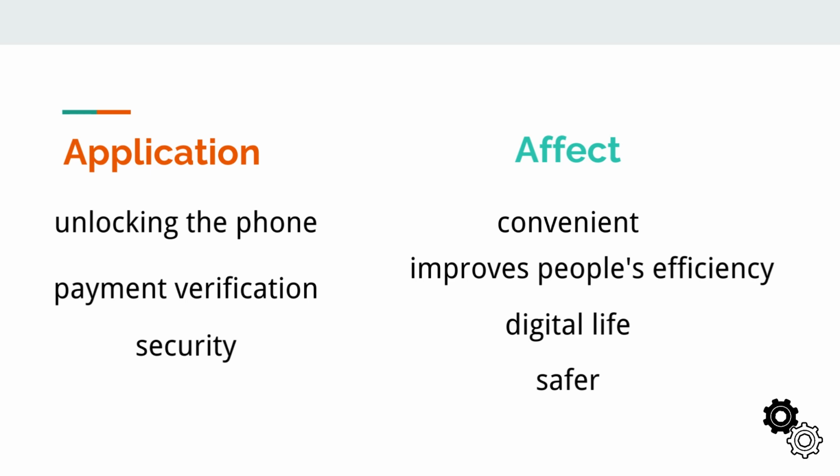Users only need to point their face towards the camera to complete mobile phone unlocking or payment verification without having to enter a password. It's faster and more convenient, which improves people's efficiency and promotes the process of digital life. Of course, it can also help reduce queue time for checking tickets.